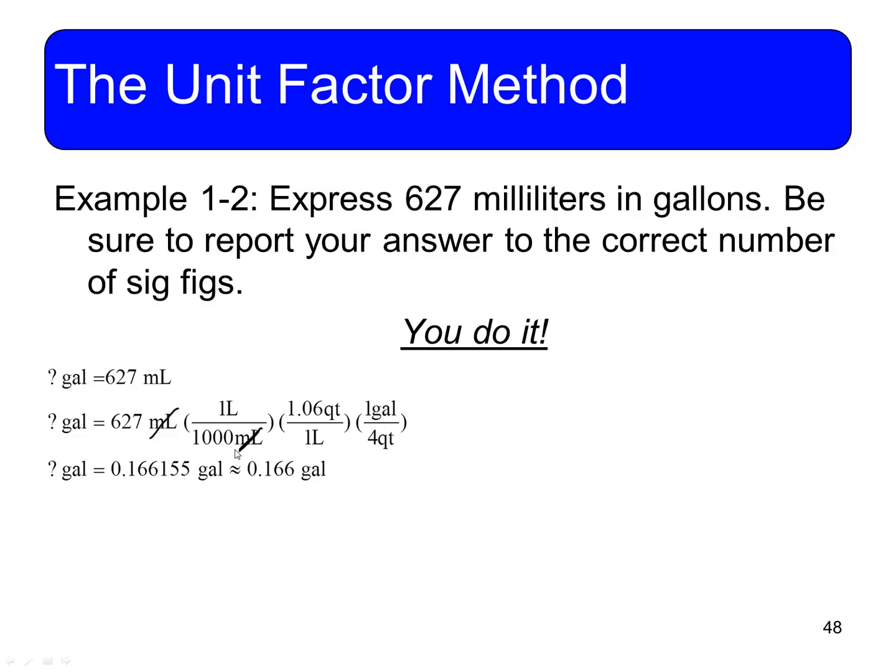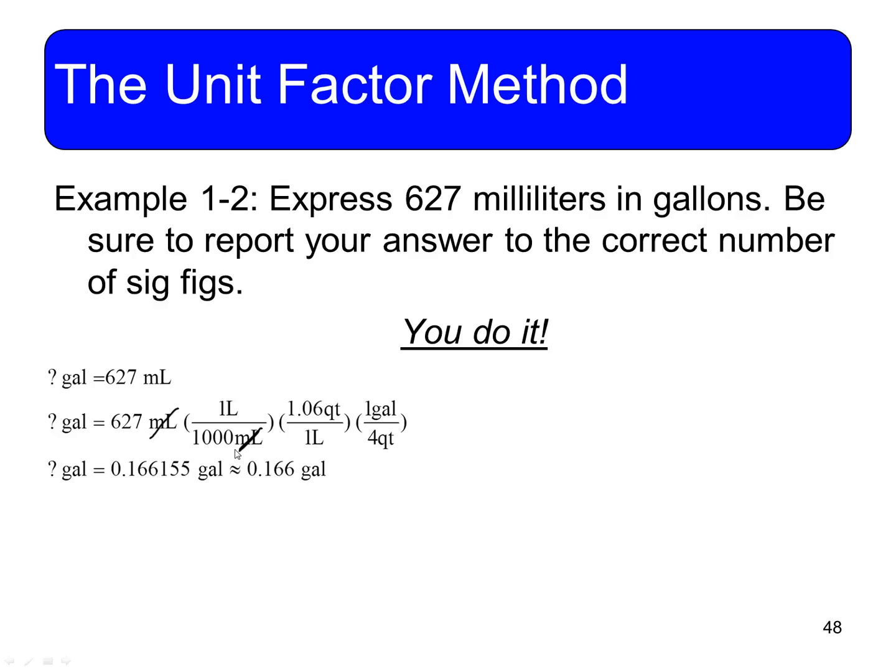So the first step that I chose is to go from milliliters to liters. That was just kind of an obvious step in the right direction. We're going from a smaller volume to a larger one, if you want to think of it that way. So we're going to get to liters. Okay. And then if you look at your conversion sheet, we want to get to gallons.